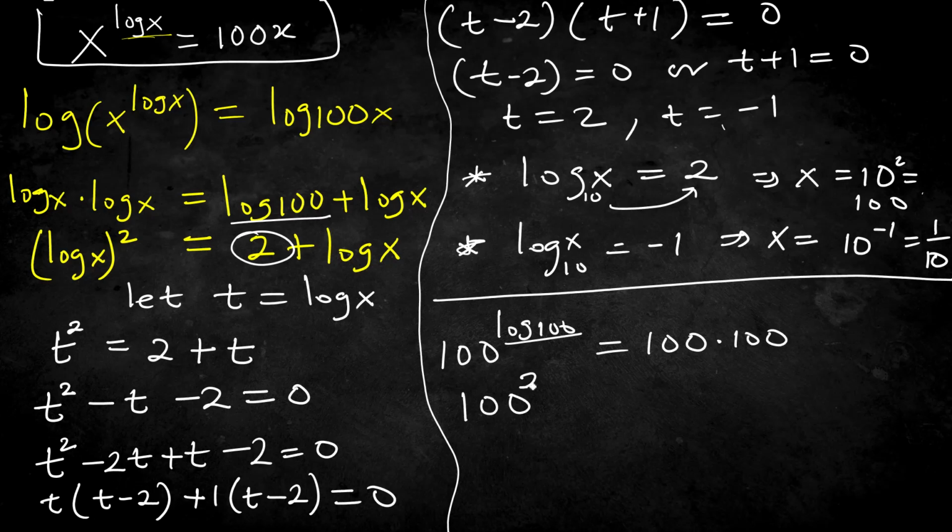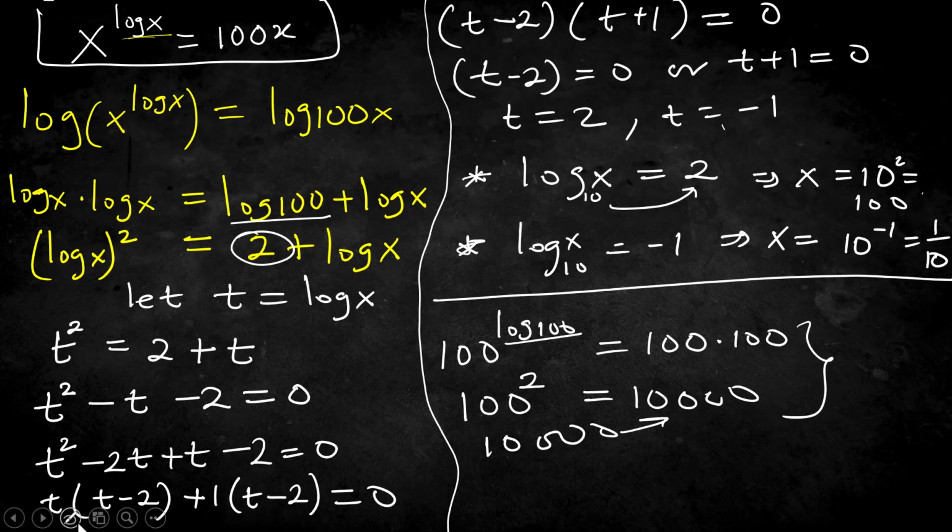So we have 100 to the power 2, and this side is 10,000, and this side will be 10,000 as well. So hence proved. So we are satisfied with x equals 100.